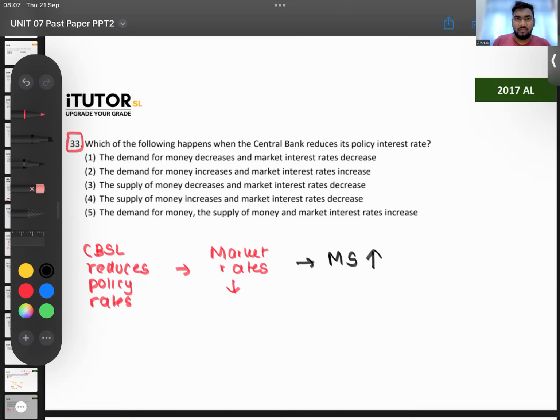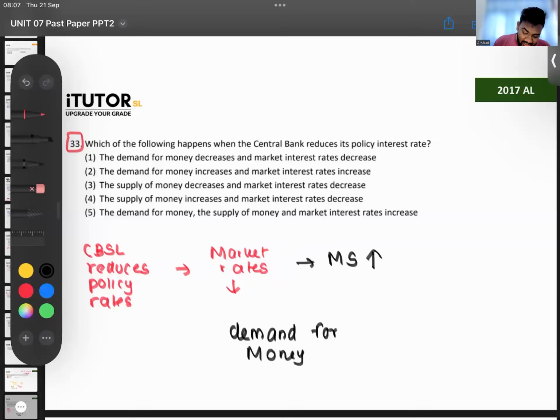Remember the speculative motive we have learned. When interest rates come down, demand for money goes up.